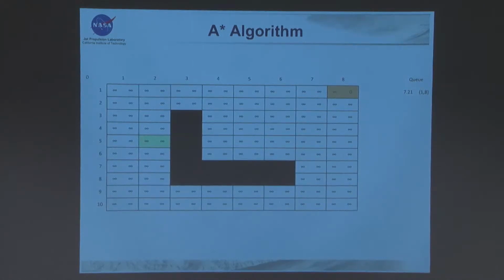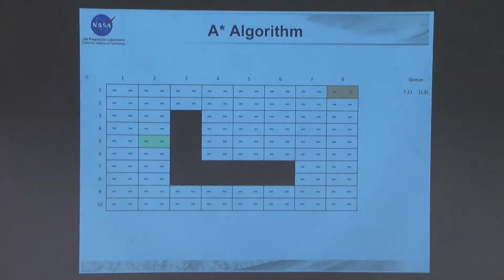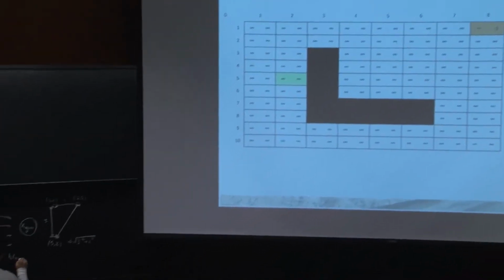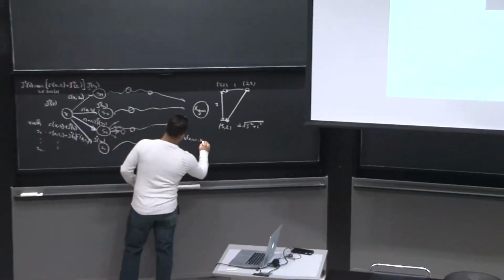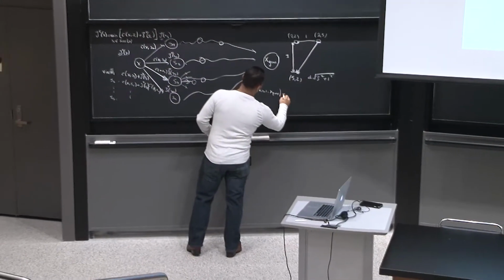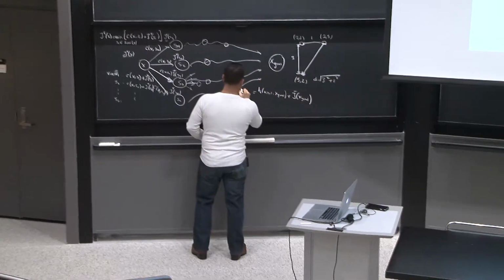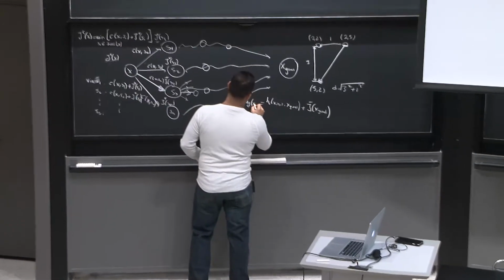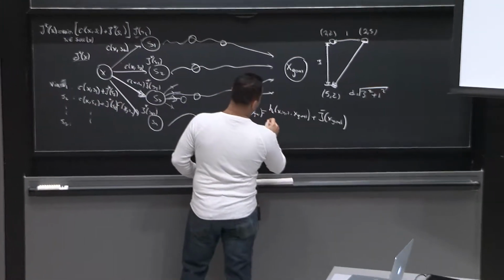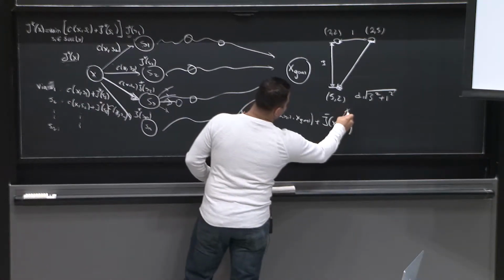Now in the queue, previously we had 0, but now we don't have 0. We have 7.21. And for the goal node, we know this is 0, right?